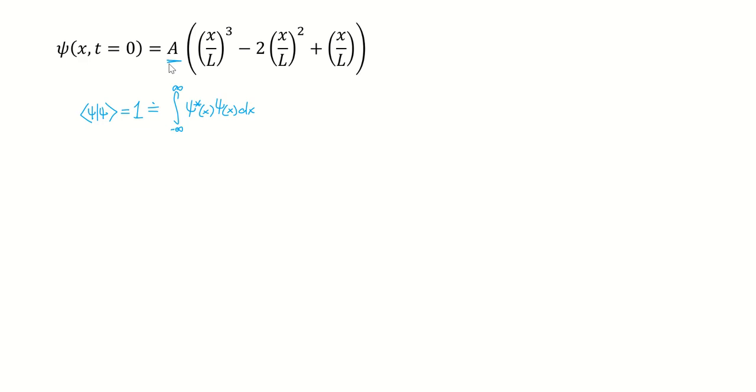Now, in our infinite potential well, we have a well that looks like this, from 0 to L. This region was the only region where our wave function was finite. So the integral from negative infinity to 0 is just going to be 0 because everything we're integrating over is 0, and likewise from L to infinity. So we're just going to integrate from 0 to L. Since everything in here is real, it's just going to be this thing squared.